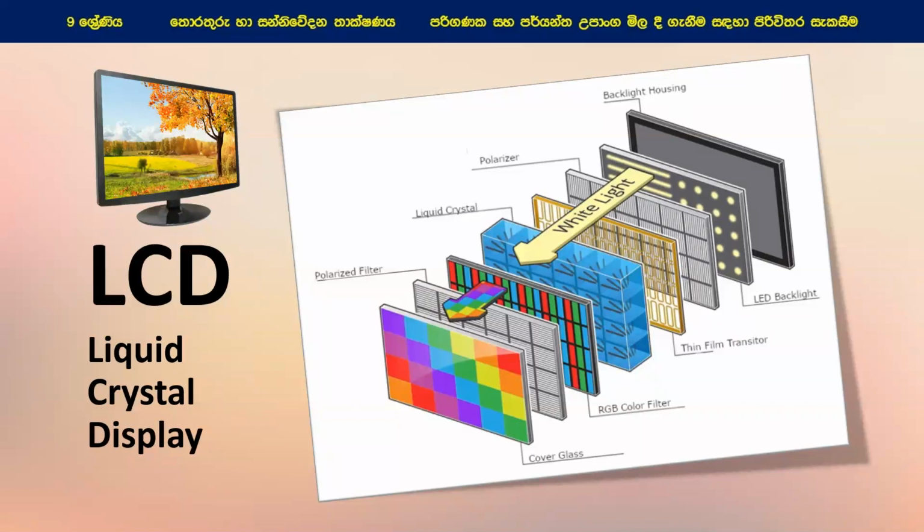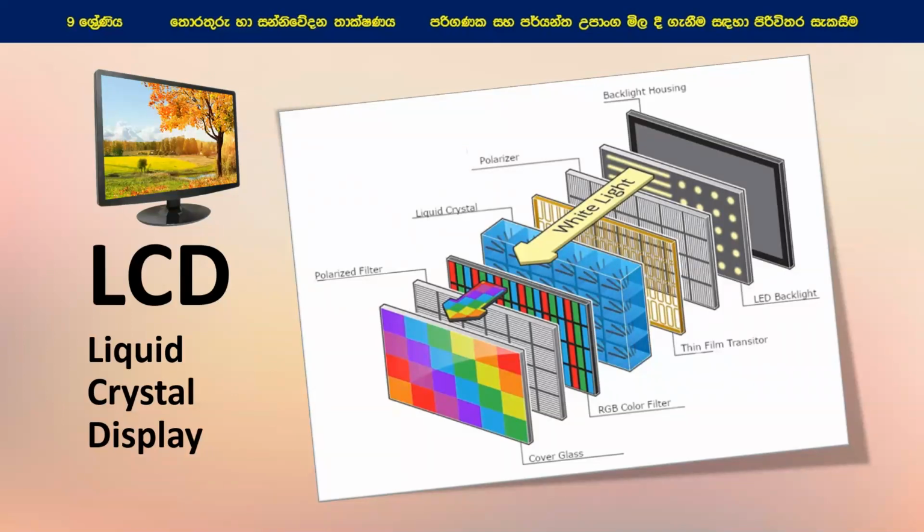And again, you don't really need to bother about what is inside the LCD monitor, but remember, the major technology that they are using is the liquid crystal, right? So they use liquid crystal to generate a fine picture in front of the screen, right?